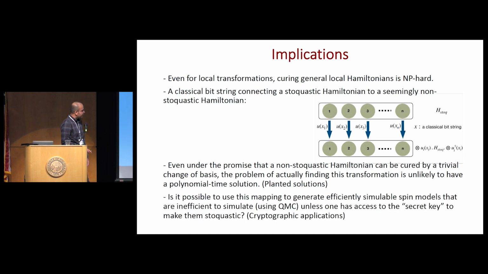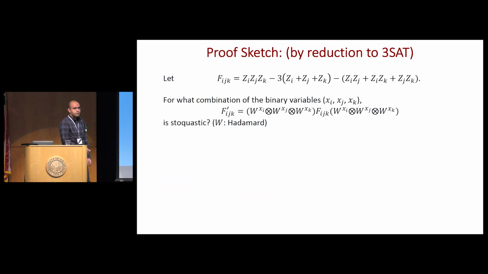Let me also talk about an open question, or maybe an observation: is it possible to use this mapping to generate efficiently simulable spin models that are inefficient to simulate using quantum Monte Carlo unless you have this secret key, this classical bit string? We talk about some maybe cryptographic applications in the paper, but let me talk about the proof.